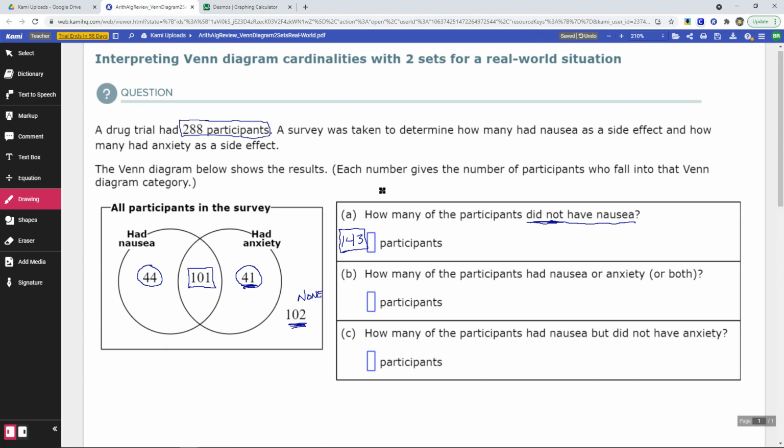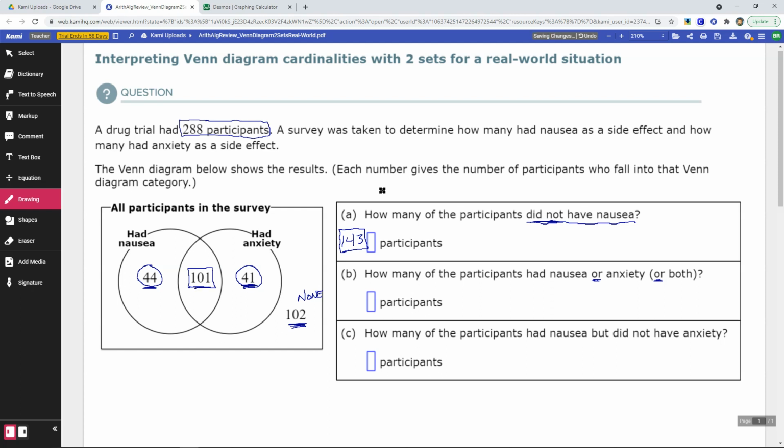The next question, how many of the participants had nausea or anxiety or both? So nausea or anxiety or both. Nausea only was 44, just anxiety was 41, and both is 101.